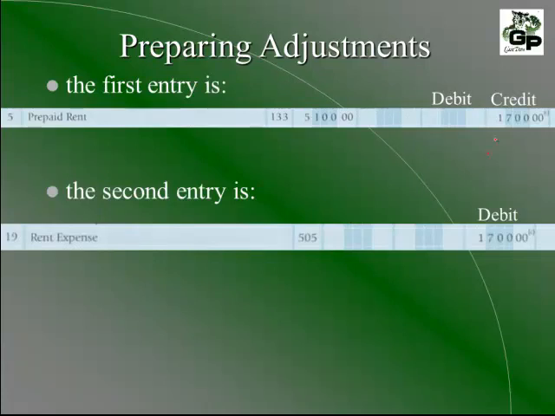The first entry is the $1,700 that was in the prepaid rent, and we have to credit that. And the rent expense is the other entry, which is a debit entry of $1,700.